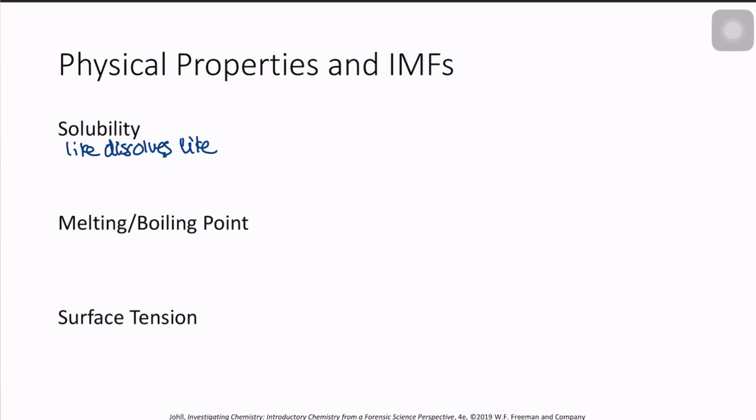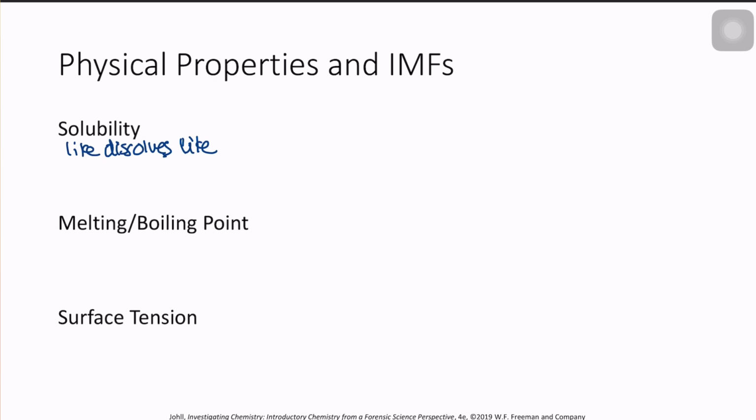The melting point and boiling point are really affected by the IMFs. Boiling is the process of taking a liquid where the molecules are pretty close together and completely separating them into a gas where the molecules are super far apart. So, if it's very easy to separate those molecules, then you're going to have a low boiling point. If it's very hard to separate those molecules, then you'll have a higher boiling point.